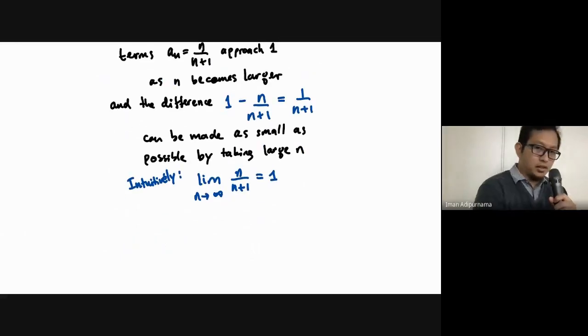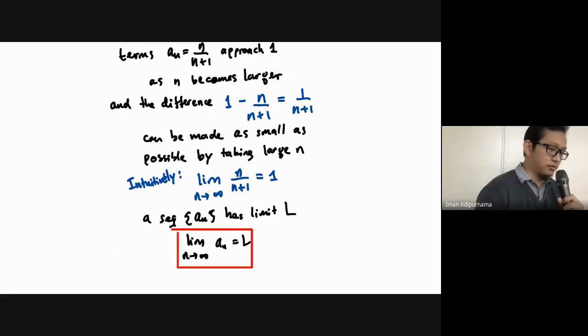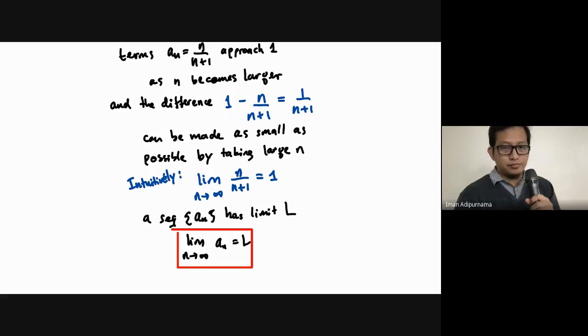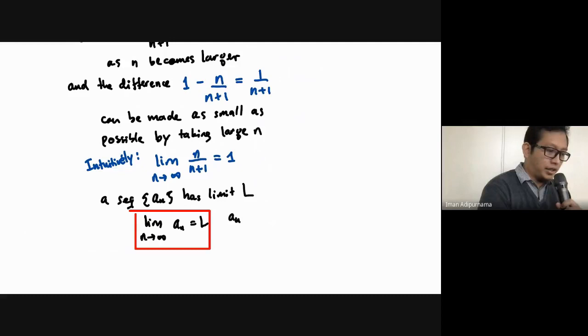So we can write a sequence a_n as having limit L. You can write limit as n approaching infinity of a_n equals L. Or we can say that a_n is getting closer to L as n approaches infinity.